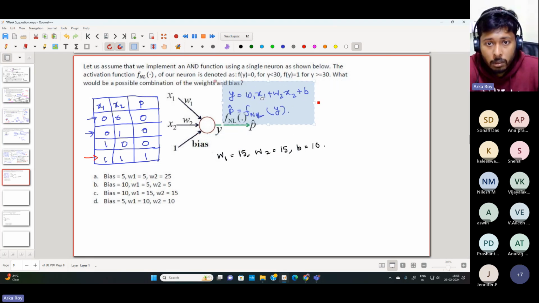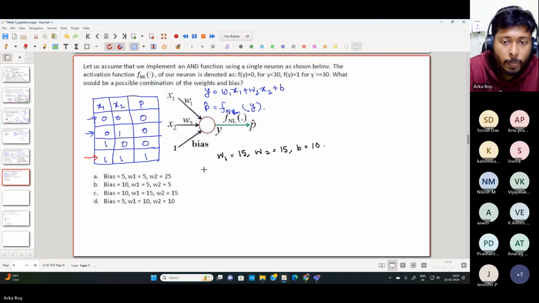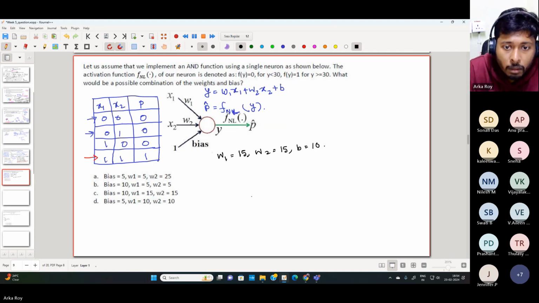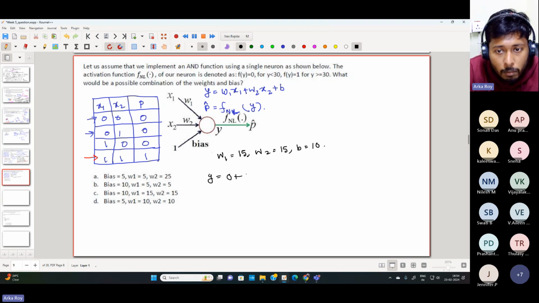This is the equation that you have to follow. For the first case, that means the 0, 0 case, our y will be 0 plus 0 plus 10. Now you apply the nonlinear function, you will get 0, which is fine.